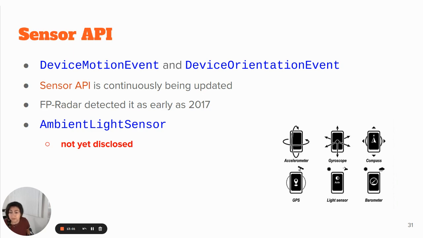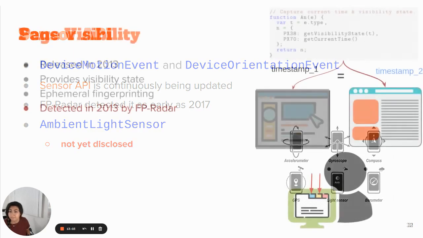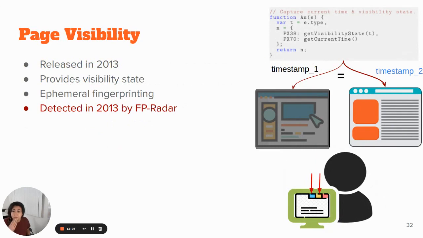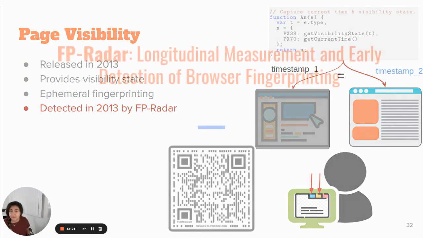And as far as we know, it is not publicly disclosed. We have also detected use of other API keywords, including page visibility, a number of API keywords in the web worker, gamepad, and clipboard API. But because of time limitation, I can't go through them, but you can read more about them in our paper.